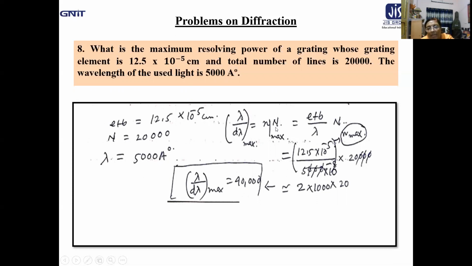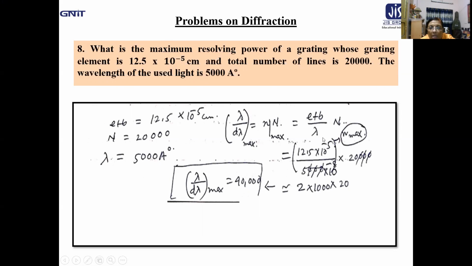But this is equivalent, and here you can find the maximum observable order very easily. So maximum resolving power means n maximum into capital N. What about n maximum? That means the maximum observable order, (e plus d) by lambda, into capital N. Now look here, e plus d is already given because it is told the grating element is this, so e plus d is 12.5 into 10 to the power minus 5.